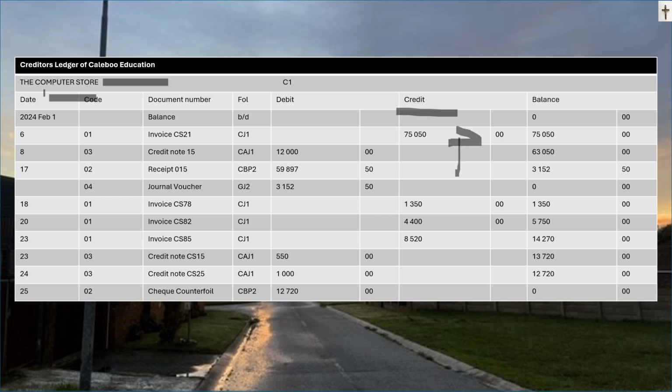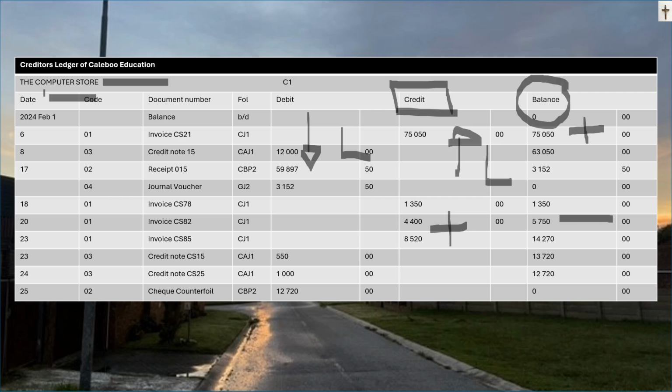An increase in liabilities, the account will get credited, which means the balance will get bigger. If we make payments or get allowances from the creditor, we will owe less, a decrease in liabilities, and that will result in the balance getting smaller. There we go. I hope you understand that well.